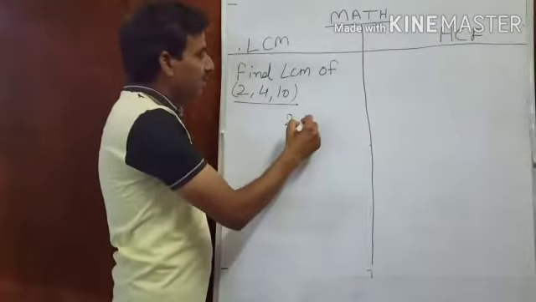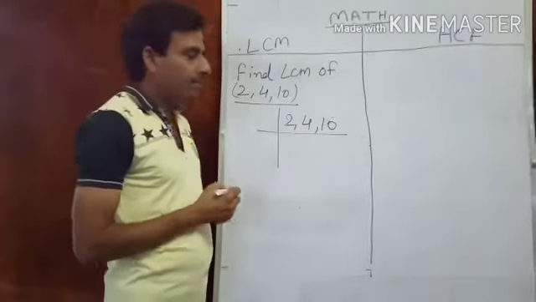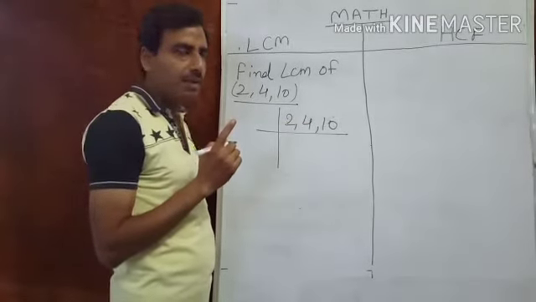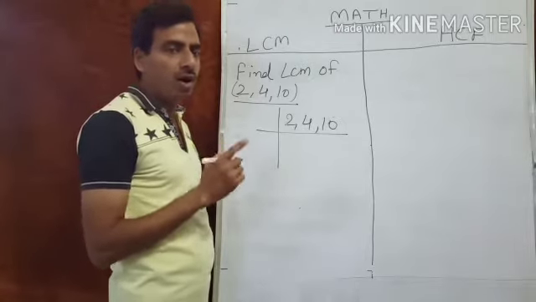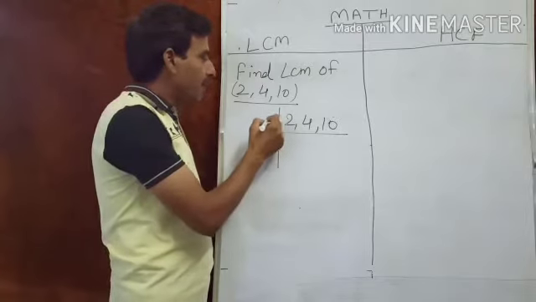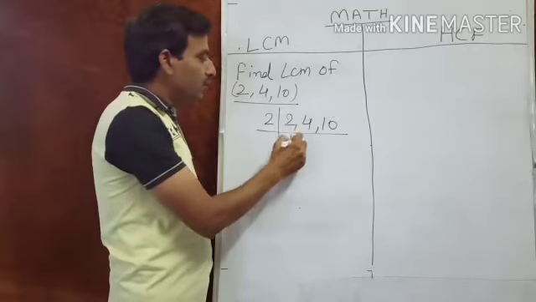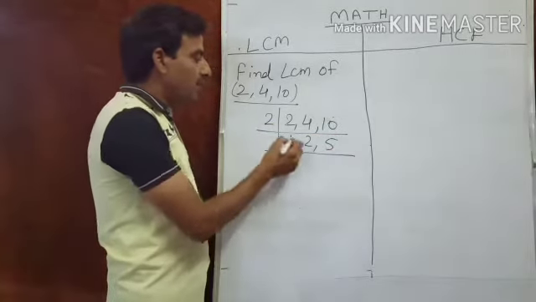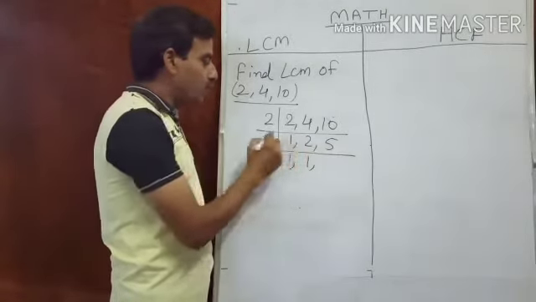We write the given numbers in this form, then we divide all numbers by one number. Choose the smallest number by which we can divide all at one time, as far as possible. Like 2 can divide all: 2 1 is 2, 2 2 is 4, 2 5 is 10. Now 2 can divide 2, 2 1 is 2, but 2 cannot divide 5.